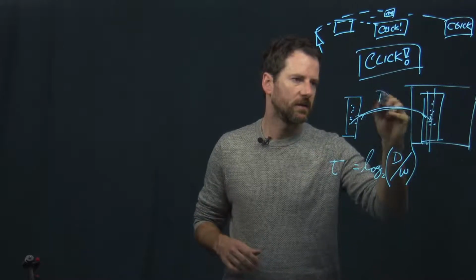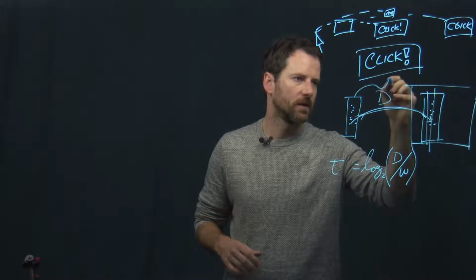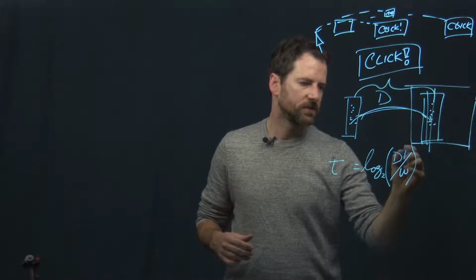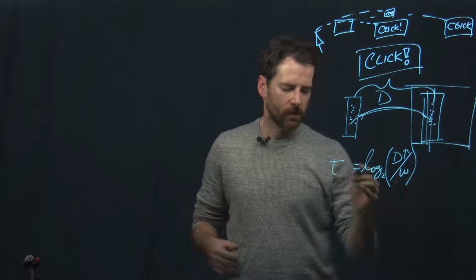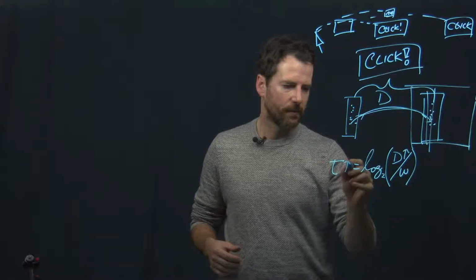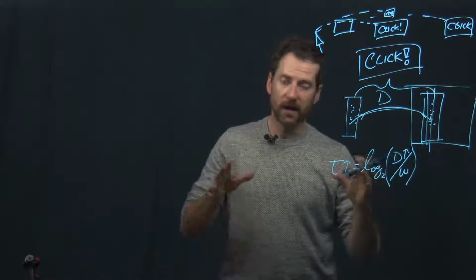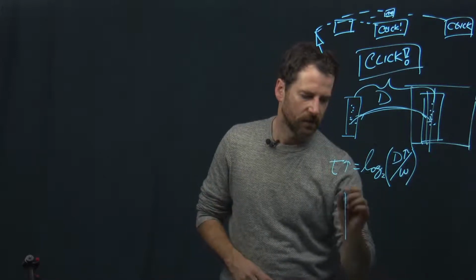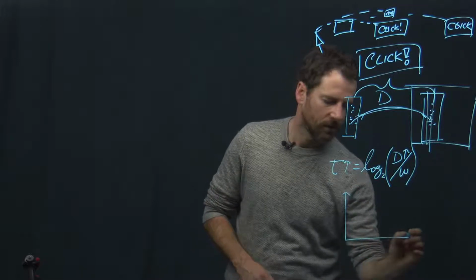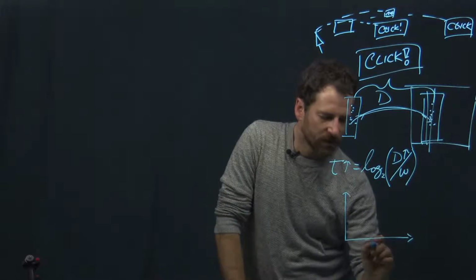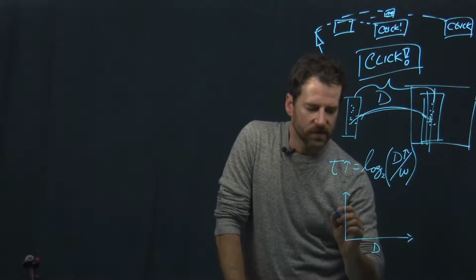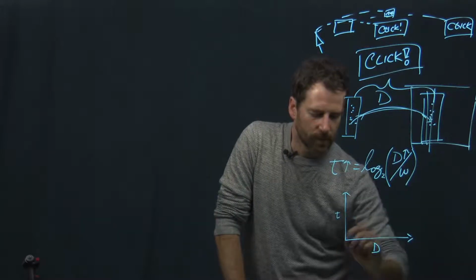This is d, how long it is from here to the center of the target. If the distance goes up, the time is also going to go up. It's not linear, though. It goes up with the log. And what that means is that as our distance increases, the time is going to increase, but much more slowly.